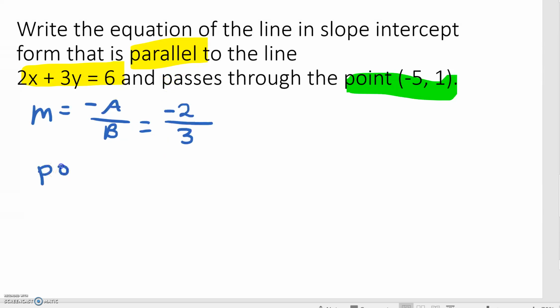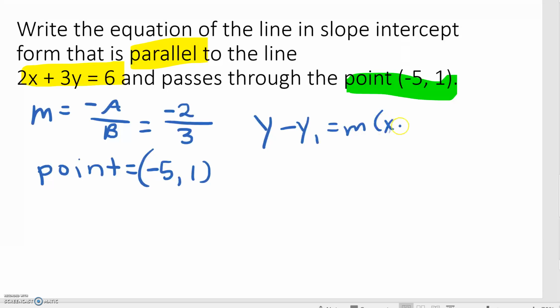The point we want to use is -5, 1. So now we just want to plug it into the equation. y minus y1 is equal to m times x minus x1. So we have y minus, and our y term is 1.